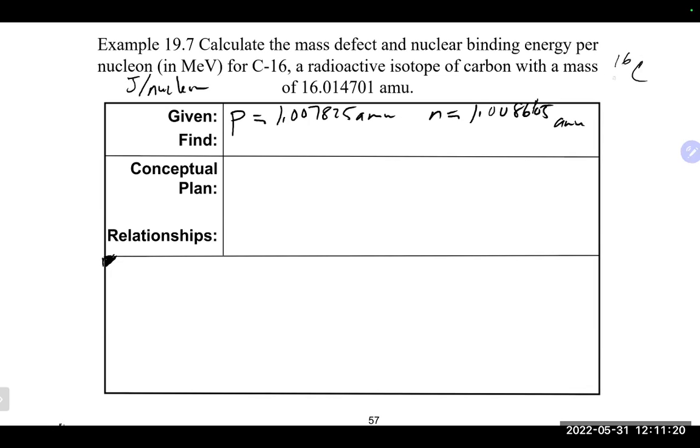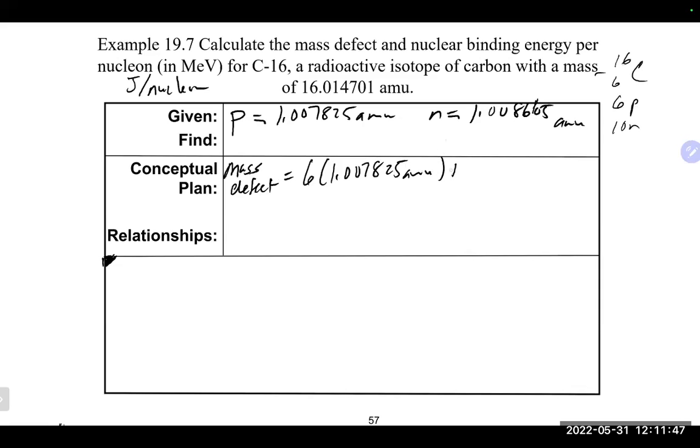So that means we go to the periodic table, we see carbon's number 6 there. That's important because that tells us we have 6 protons. 16 minus 6 would tell us we have 10 neutrons in this case. So we'll start with our mass defect here. And that would be our 6 protons times 1.007825 AMU, which is the mass of our proton.